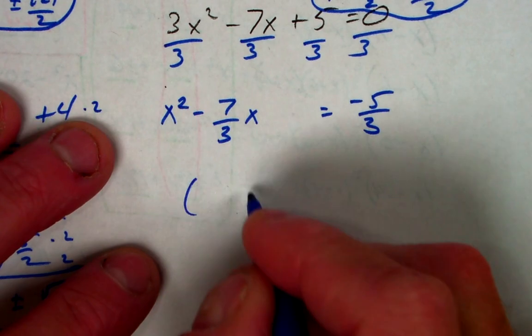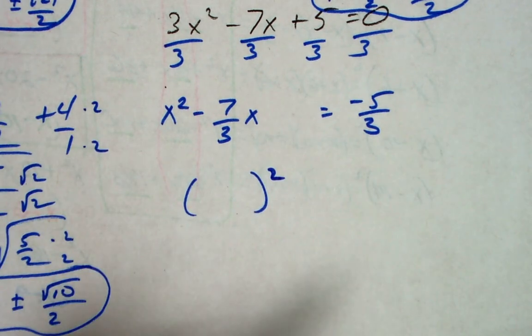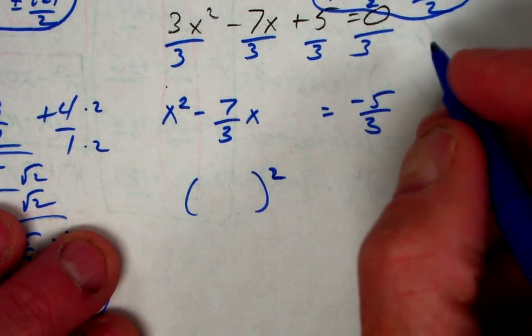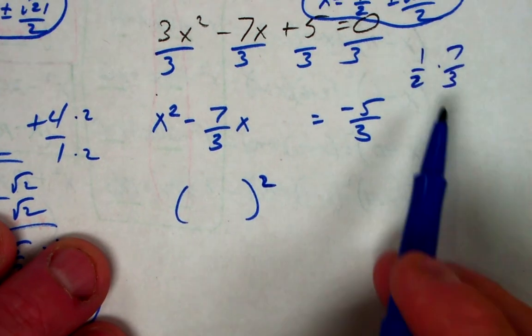In the parentheses. Come on, you can do this without your calculator. What do I get? What's half of 7/3? Who said 7/6? Good. Because if I go half of 7/3, yeah, I get 7/6.